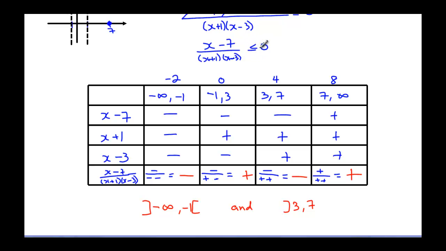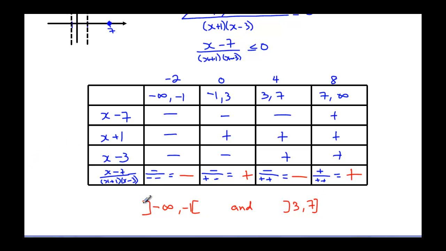And in this case, it's a less than or equal to sign. So 7 should be included. In the event that this was just less than, we would not include 7. We would exclude 7 because 7 does not belong to the solution set, because 7 is 0 and not less than 0. 7 makes this 0 and not less than 0. So that's where you have to be careful.